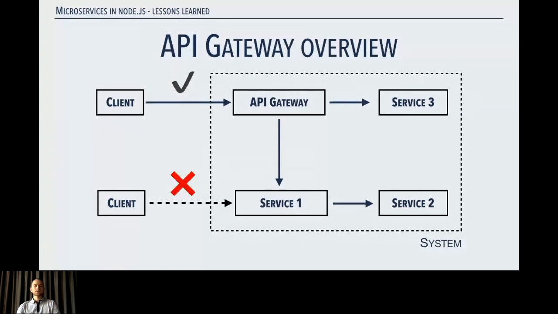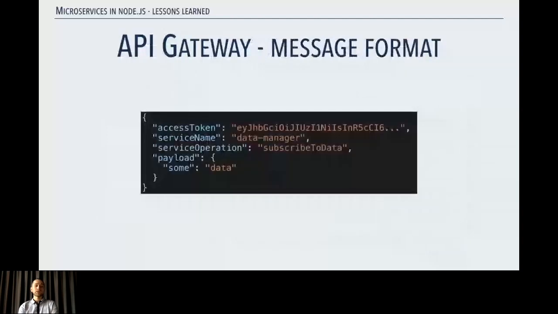So if we would like to communicate with our system through the gateway, then we should define some common message format, which our API gateway can understand. In that message format, we are using service name and service operation, so the API gateway knows where to send that message. We, of course, send some payload, which is used by the external service.